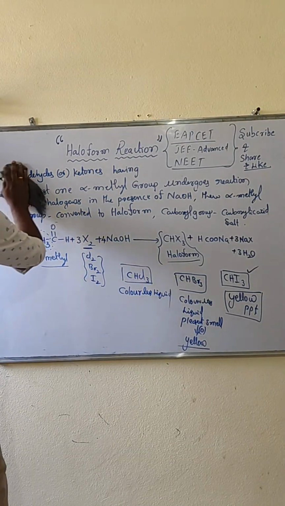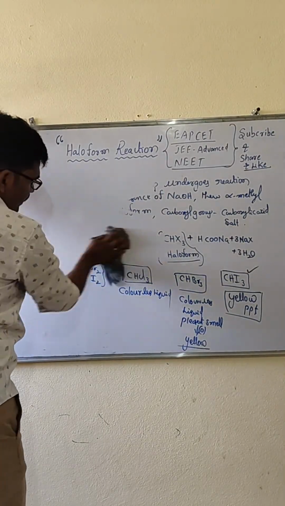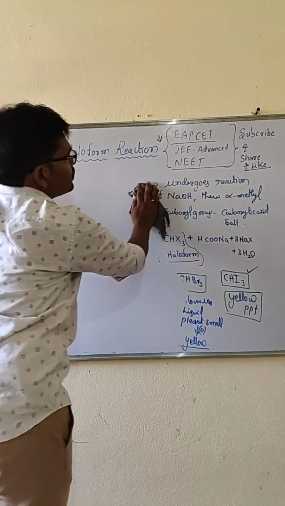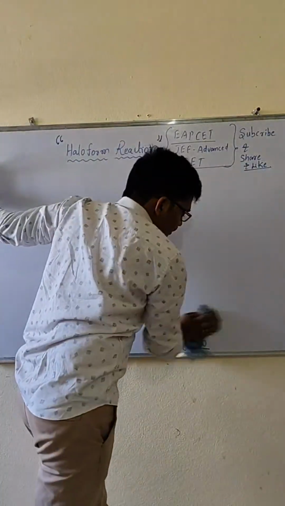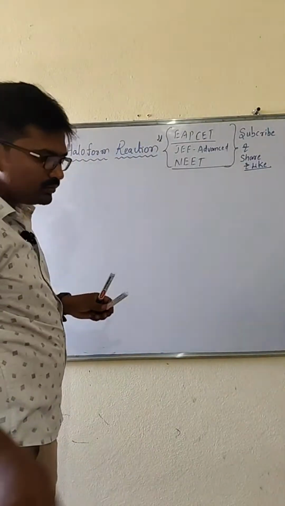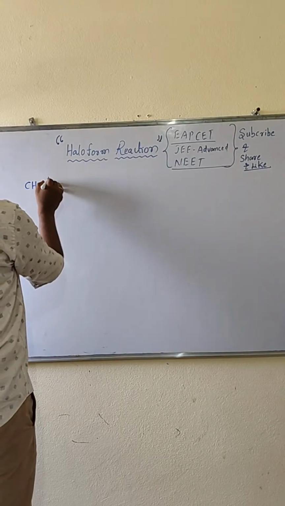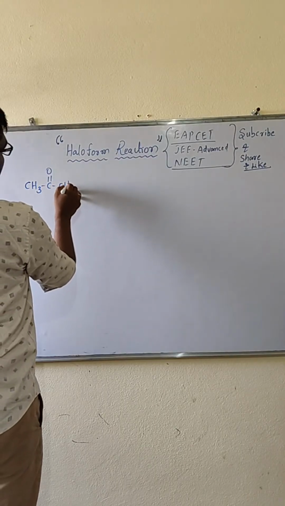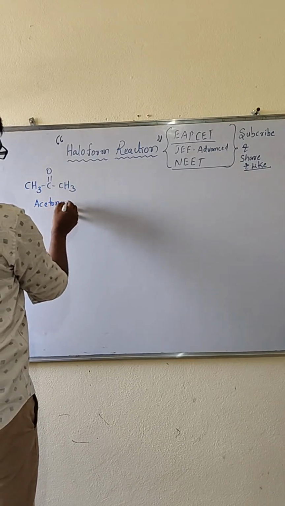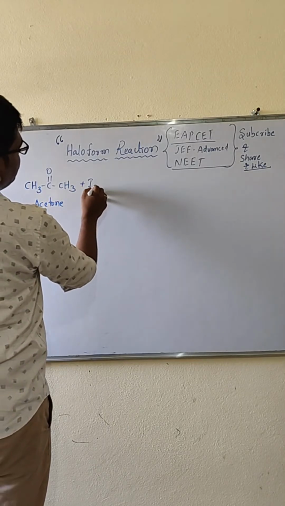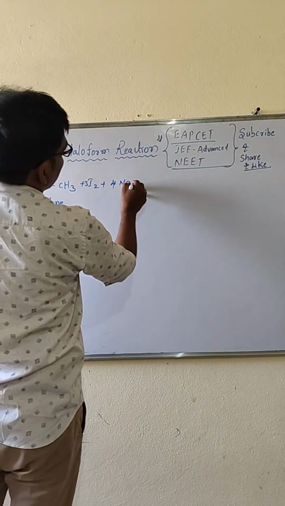Now look at this. I told you that even ketones undergo the reaction. For example, acetone, CH3, C double bond O, CH3. Acetone reacts with 3 moles of iodine and 4 moles of NaOH.